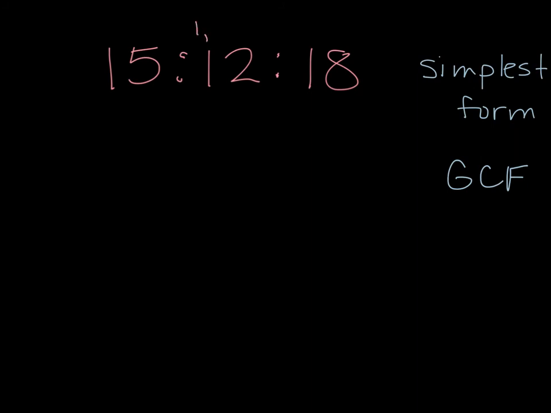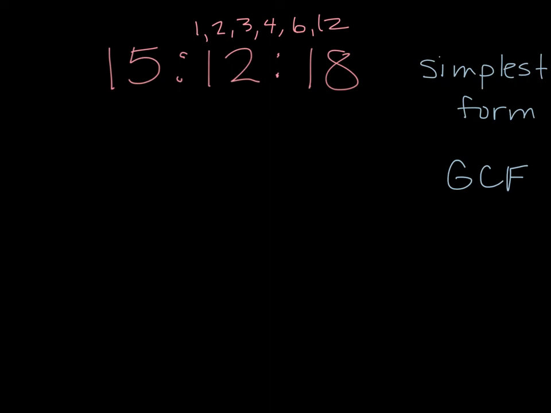If you're given a comparison of three quantities and it says to put it in simplest form, then I need to find the greatest common factor for 15, 12, and 18. So I look at the smallest number, which is my 12, and I think of the factors of 12, which are 1, 2, 3, 4, 6, and 12, and which is the largest one that also goes into 15 and 18.